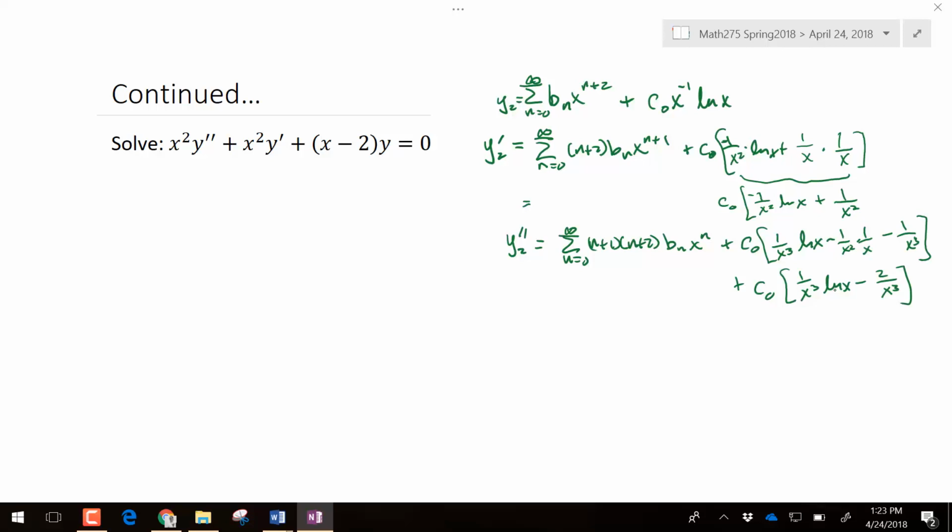Okay, well, we need to put that back into the differential equation and set the coefficients equal to 0. Well, let's see. Yeah, I don't know.